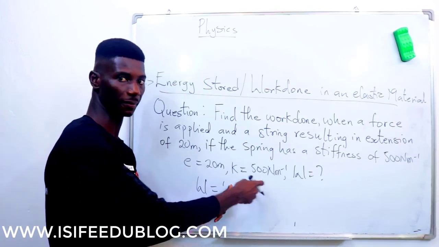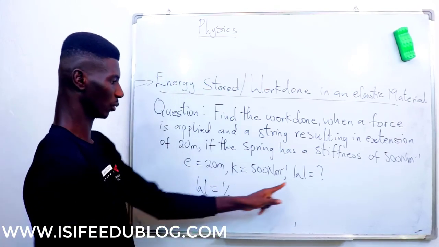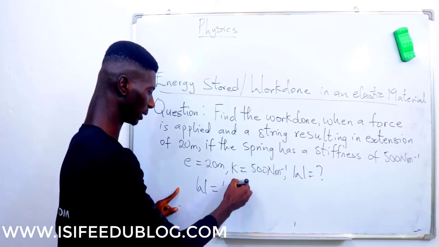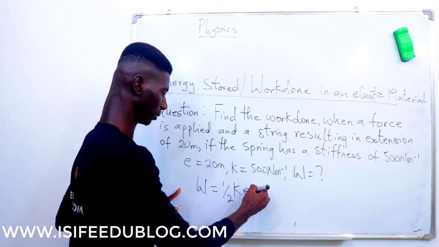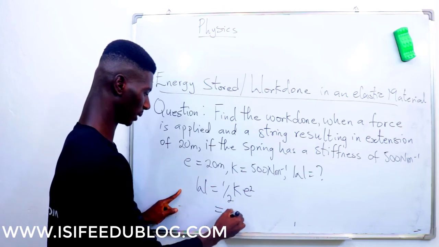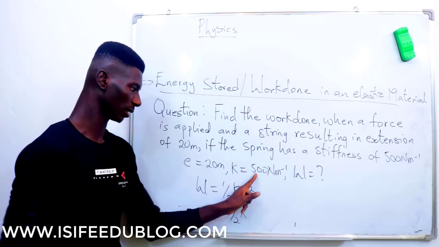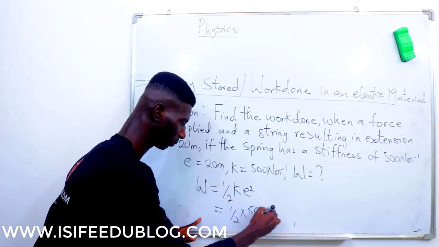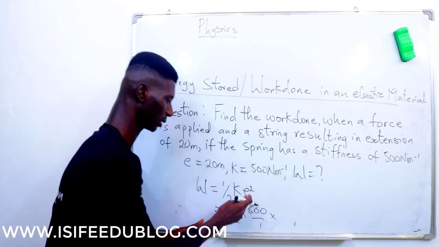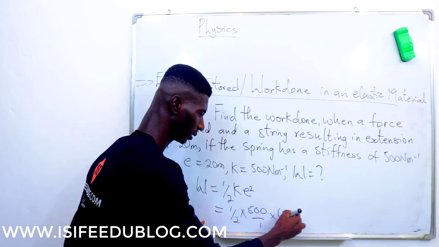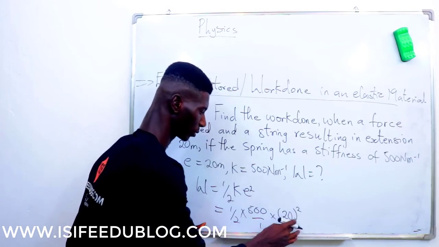We cannot use Fe. Why? Because we don't have force. What we are going to use is the second formula that says half K e squared. Now when we apply this, we have half times, what is our K now? 500 over 1 times E, which is 20 meters, all squared.